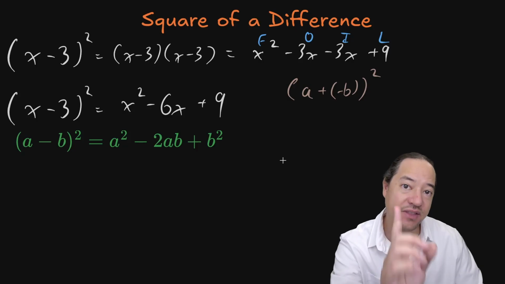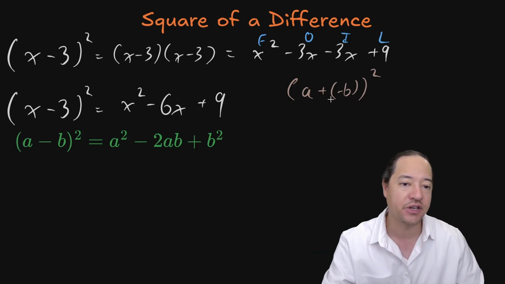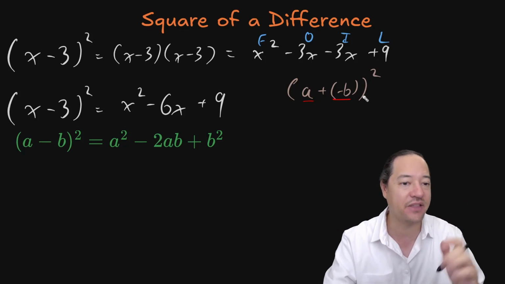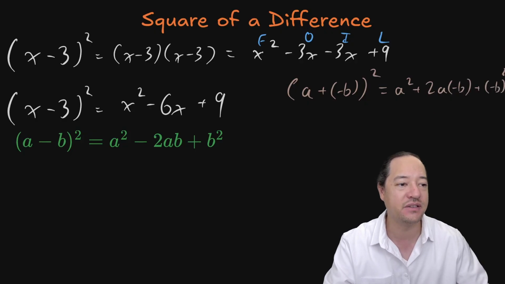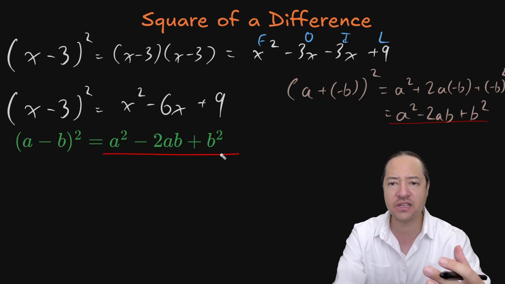If you think about it this way, it's just using the previous formula, the square of a sum. You're thinking of this as an a, and this term as a negative b, and you're adding them together. This means that previously we would get a squared plus 2a times this second term, a negative b, and then plus this negative b squared. And this will work because it simplifies to a squared minus 2ab plus b squared, which is exactly what we're getting here. So this is an alternate way of thinking about this.